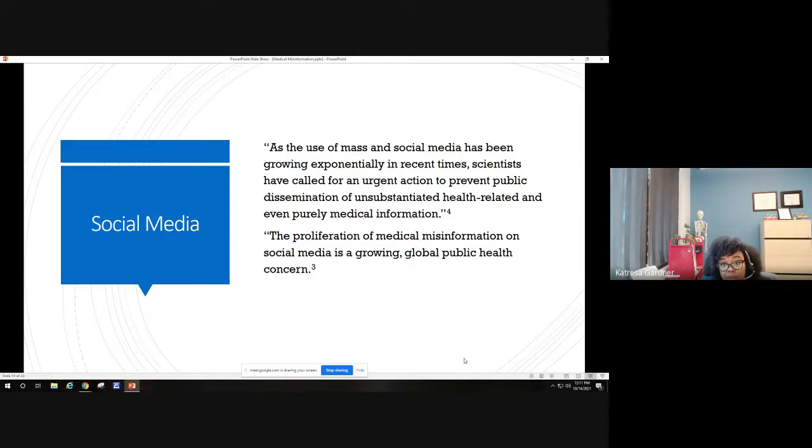As the use of mass and social media have been growing exponentially in recent times, scientists have called for urgent action to prevent public dissemination of unsubstantiated health related and even purely medical information. And the proliferation of medical misinformation on social media is a growing global public health concern. And these quotes were derived from the article that's in the reference at the end of the presentation, from the biggest pandemic risk, viral information.